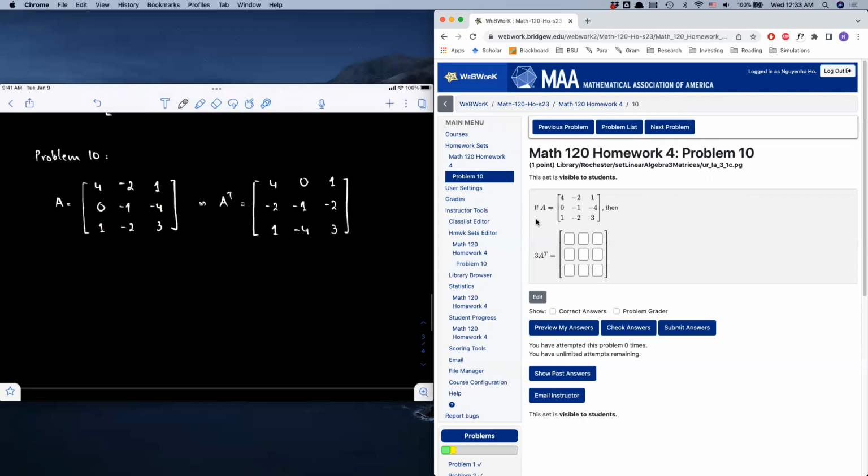And then you perform the scalar multiplication on the transpose. So 3 times A transpose. And then you just do 3 times the matrix 4, 0, 1, -2, -1, -2, 1, -4, +3.